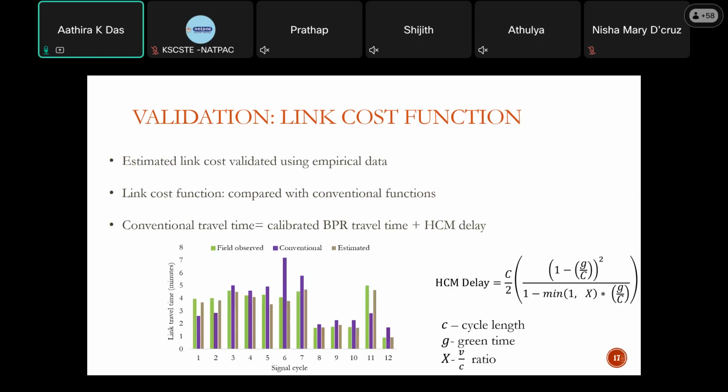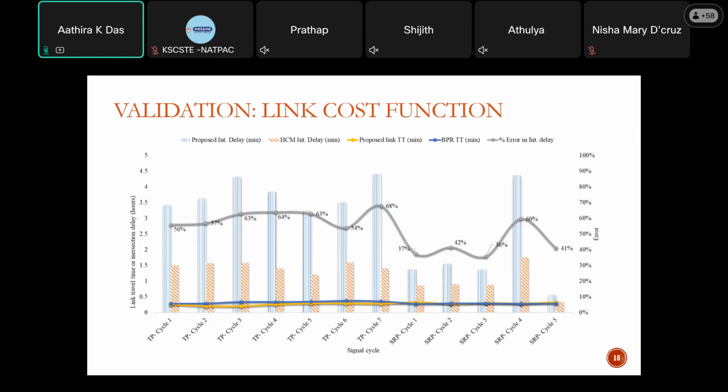So it is observed that the travel time obtained from the new link cost function developed for mixed traffic match much more closely to the field observed values compared to the conventional function as seen here. In the next step, the two terms of the proposed link function, that is the link travel time plus the intersection delay, are evaluated separately.